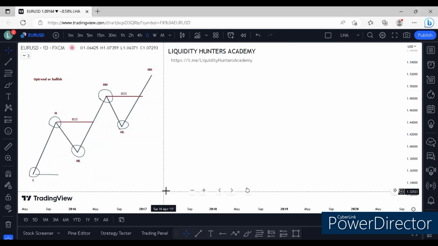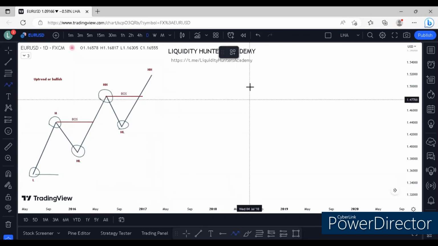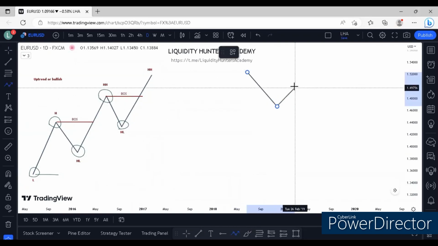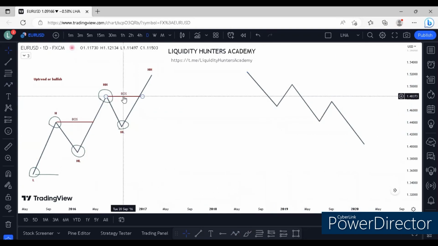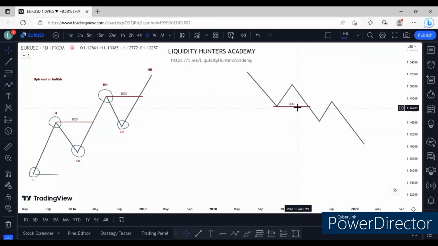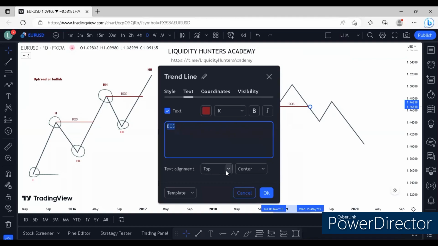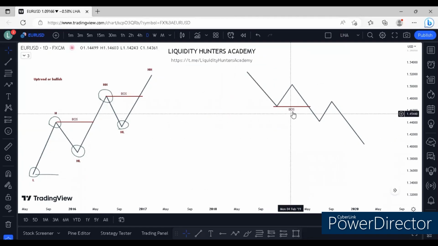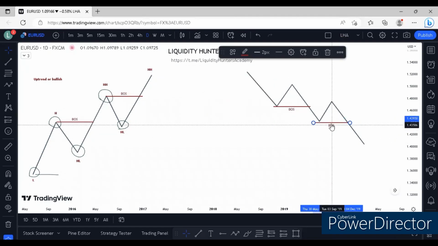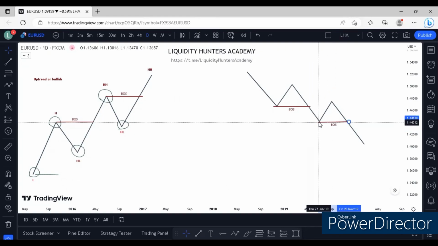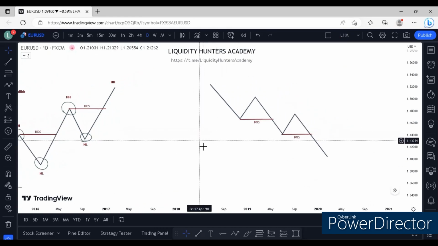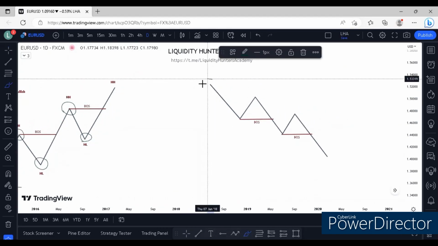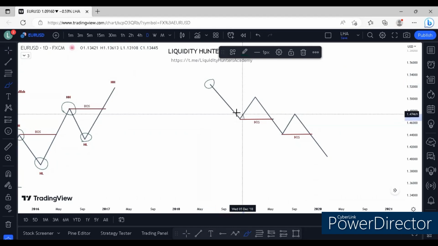On the other hand, if we flip this to the other side, it will look something like this. And of course, we will have here our break of structure. Another break of structure here. And now what we can see is that we had a high that created a low.